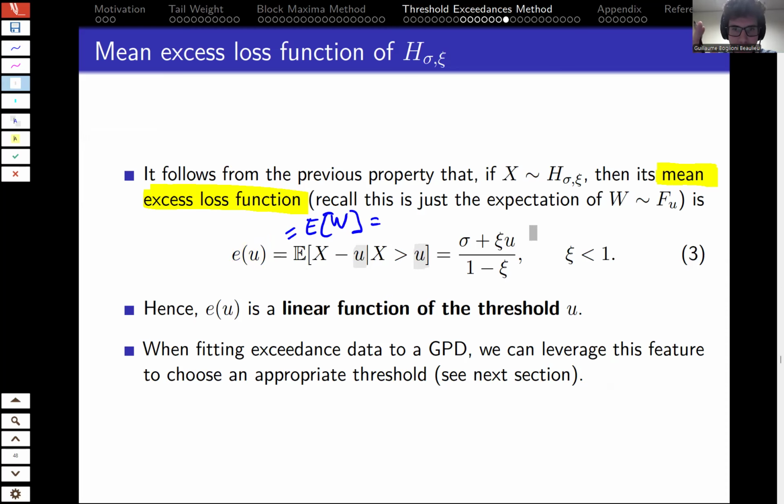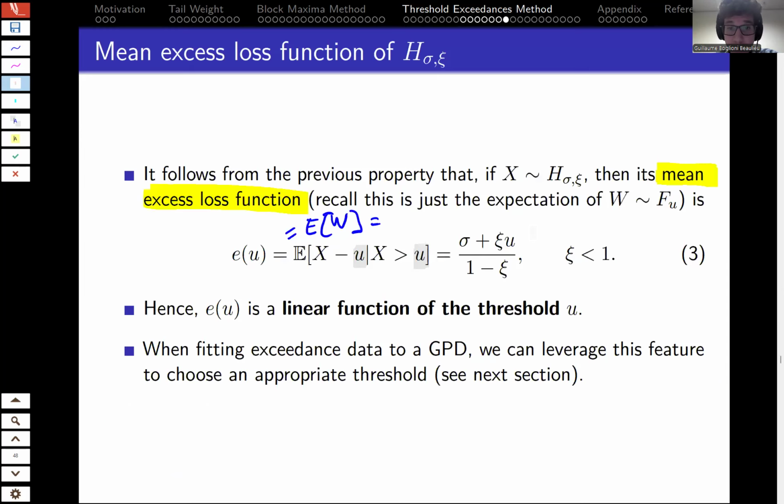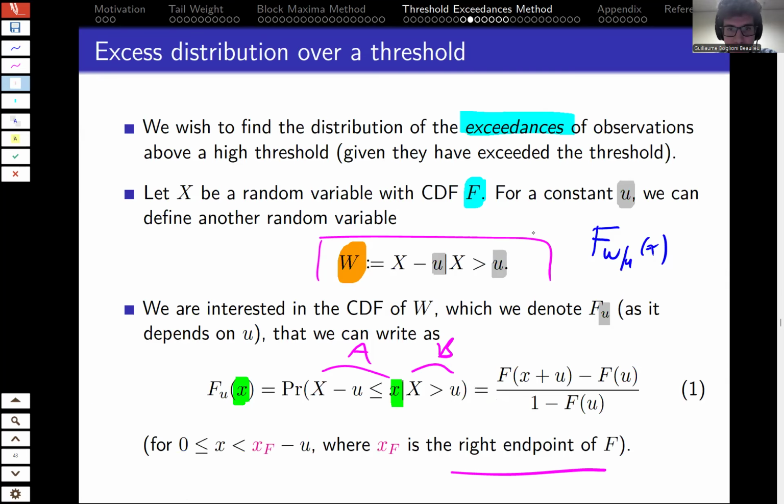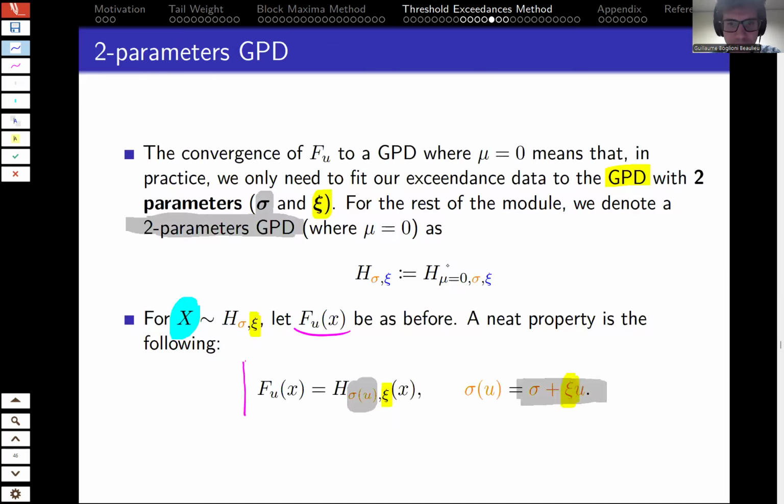Because we have just shown that exceedances for a GPD are again GPD, we know very well what the mean of a GPD is. It was given by a formula over here. So we know from this formula the expected value of W. Remember, we're in the case where mu is 0. It is just the sigma parameter divided by 1 minus the c parameter.